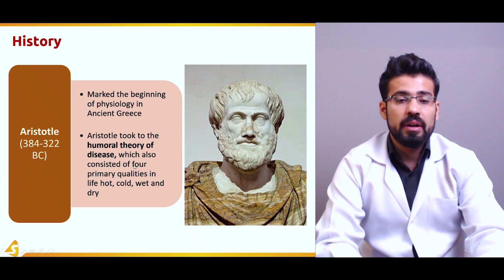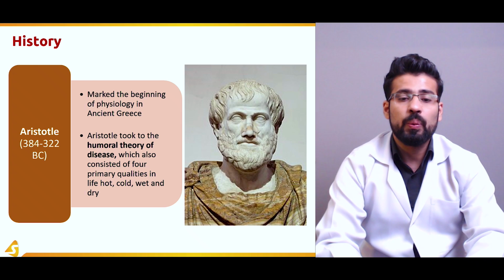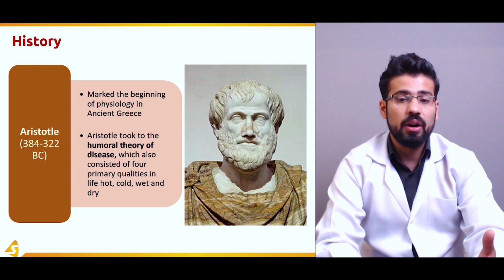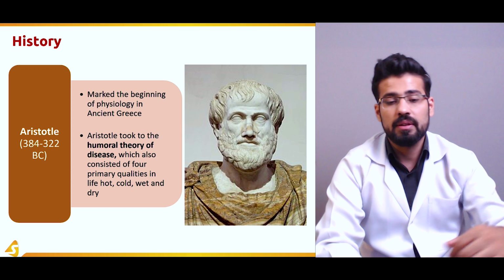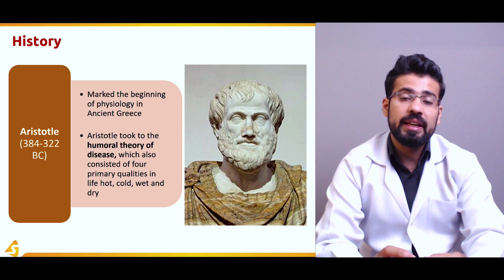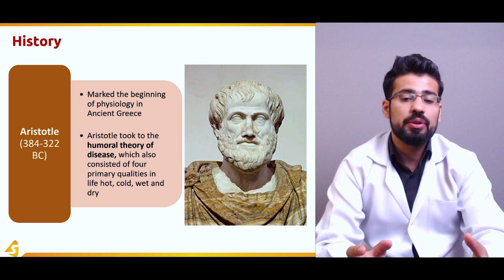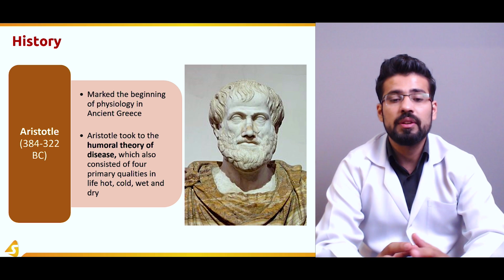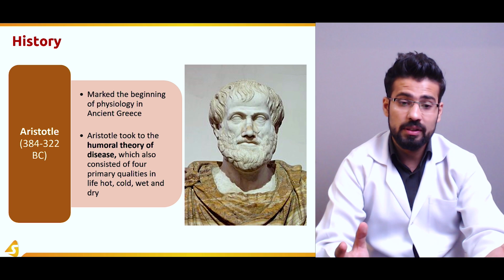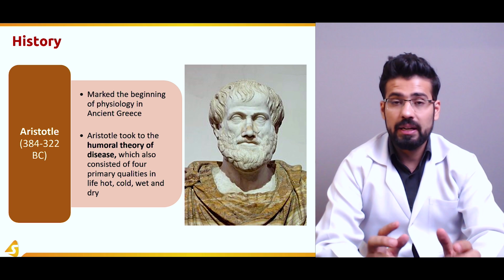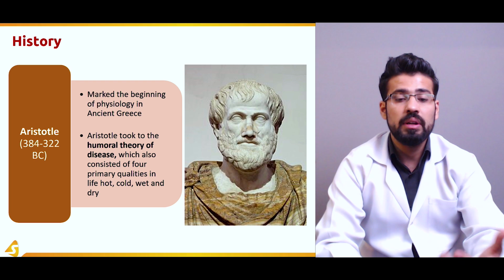This theory was progressed by Aristotle, which marked the beginning of physiology in ancient Greece. He contributed towards the development of the humoral theory of disease, which also consisted of four primary qualities of life: hot, cold, wet, and dry.